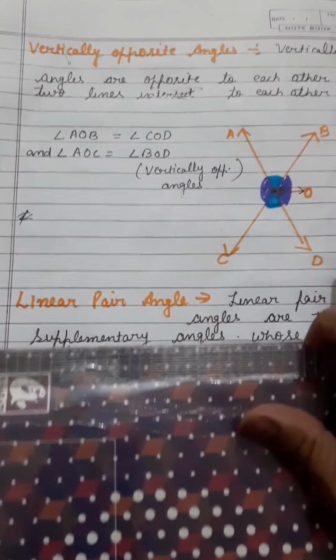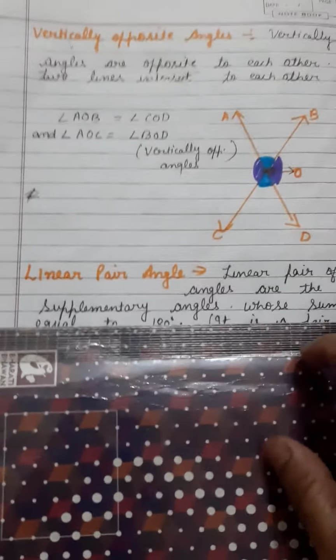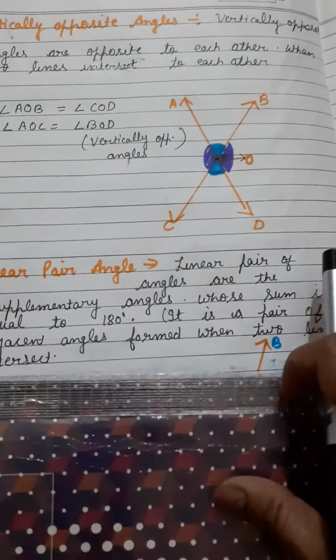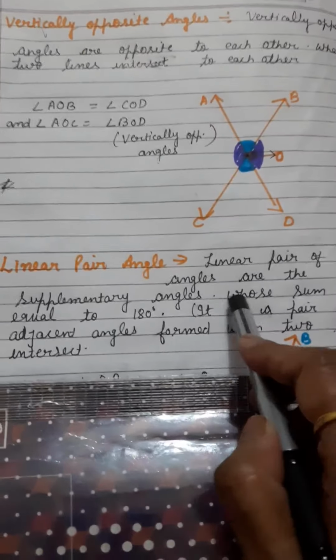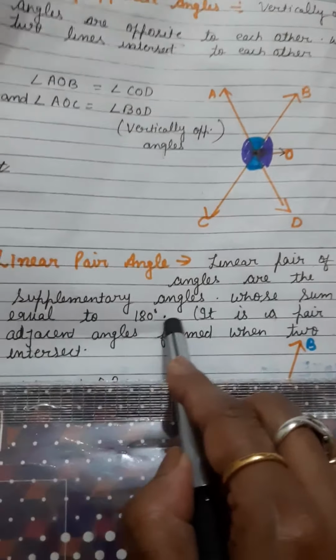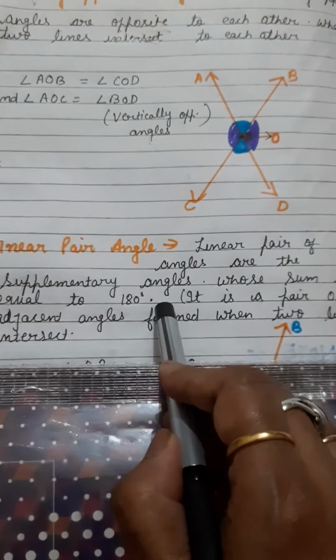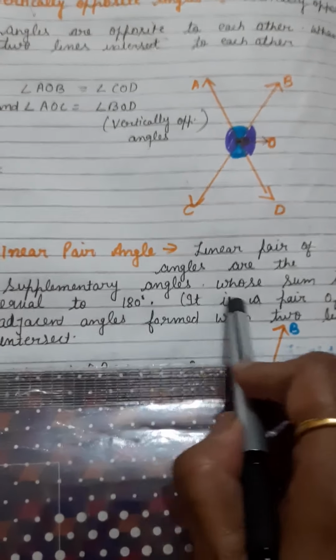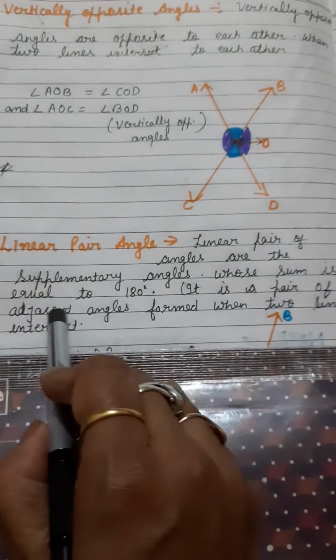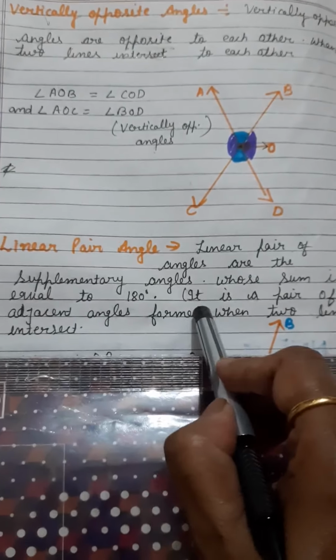Okay, now we will do the next definition, linear pair of angles. Linear pair of angles are supplementary angles whose sum is equal to 180 degrees. You know that the sum of supplementary angles is 180 degrees. So it is a pair of adjacent angles also.